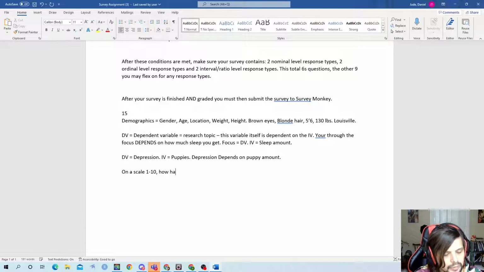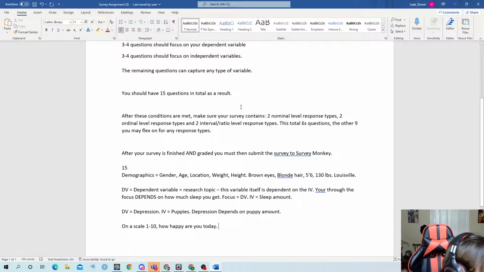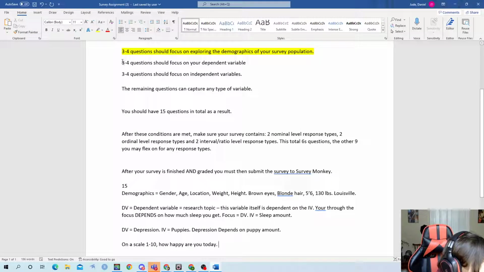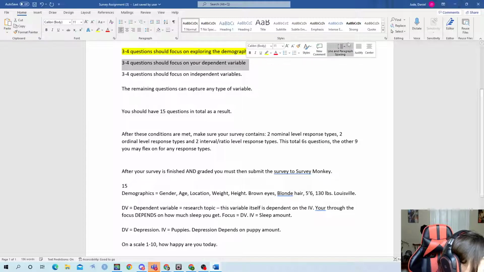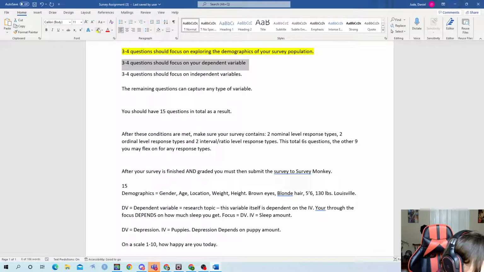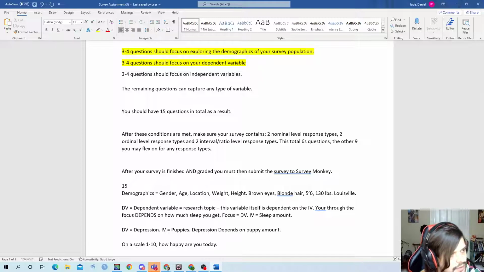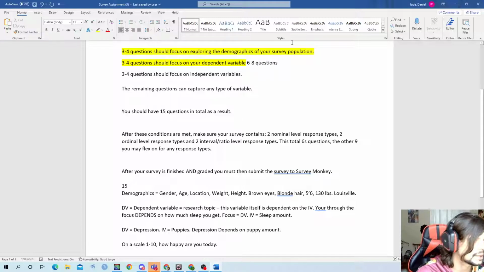We can just say, how happy are you today? It'd be a way to measure mood, and that's just a simple way to do it. So 3 to 4 questions on your dependent variable. This will fulfill at this point at least 6 questions and up to 8 questions. So you have 6 to 8 questions by this time.